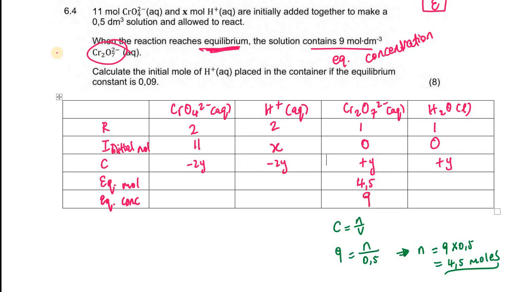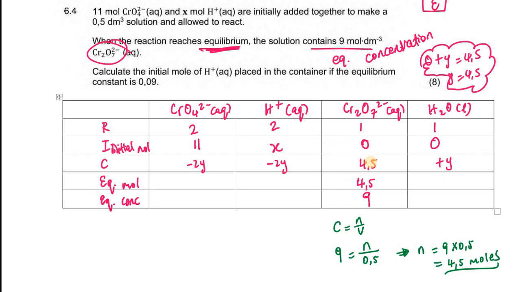Now we can get y. When we write our ice block, we say 0 plus y gives us 4.5. So therefore our y is 4.5. So we're gonna put here 4.5. Our y is 4.5.